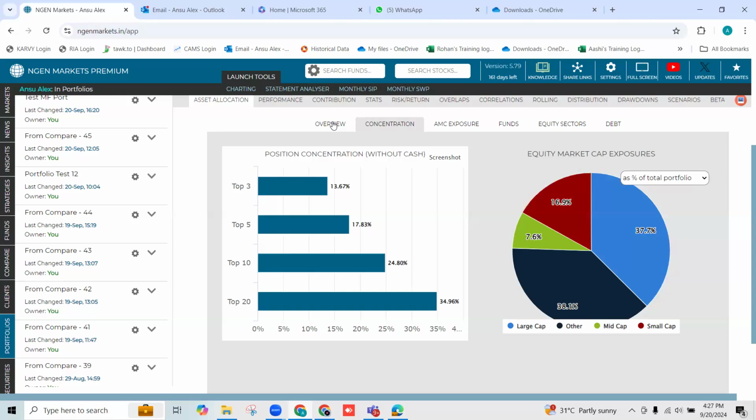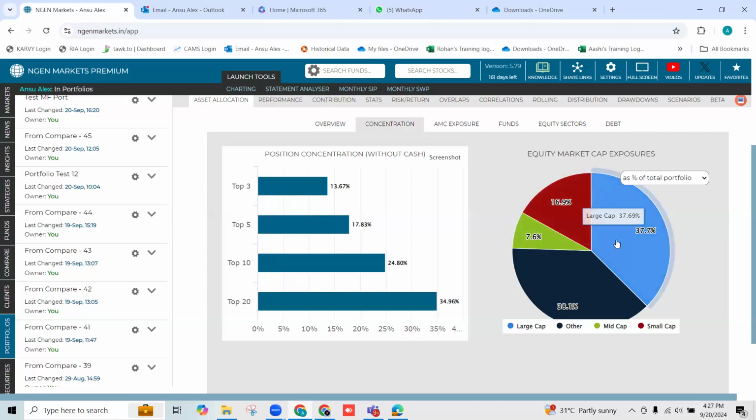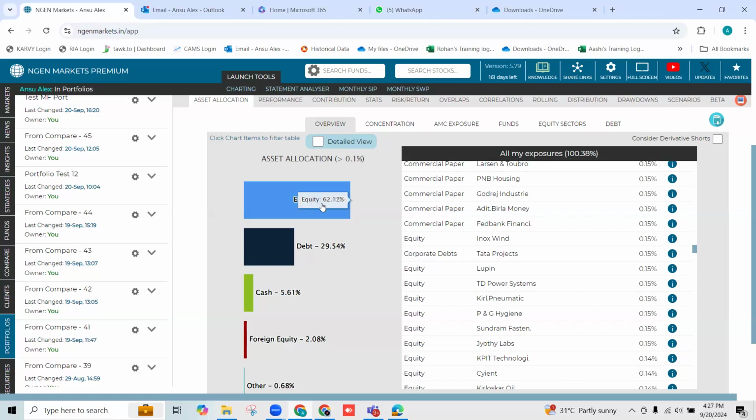It is a simple split of this 62% equity. The equity being split into large, mid, and small cap is something that you could see in this concentration tab. Now, what does this 38% constitute? Everything other than equity that you could see in this overview tab.